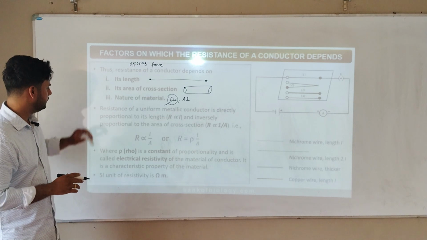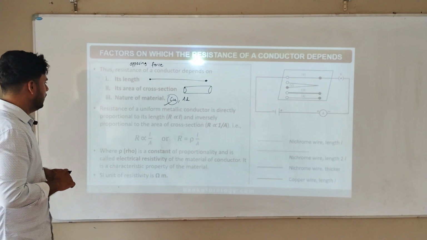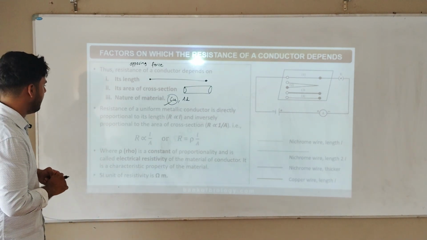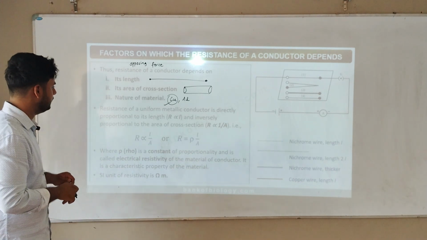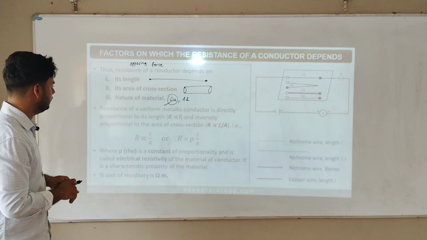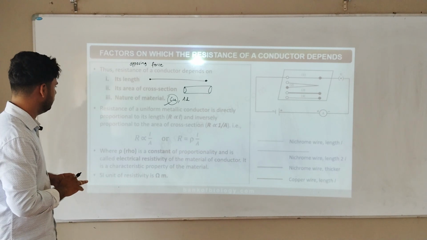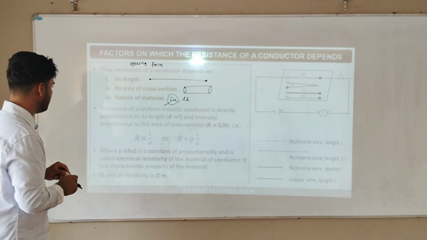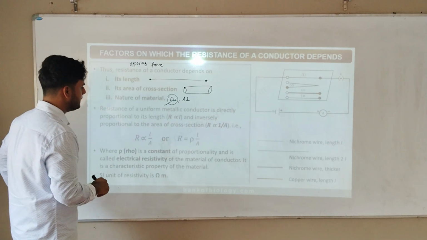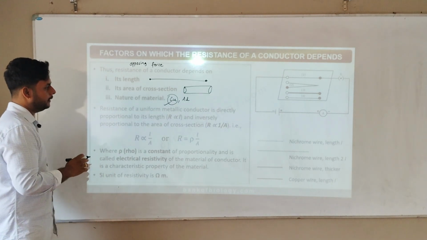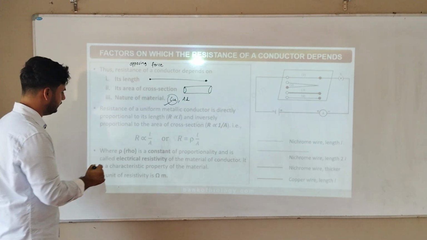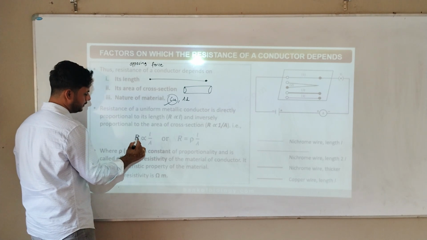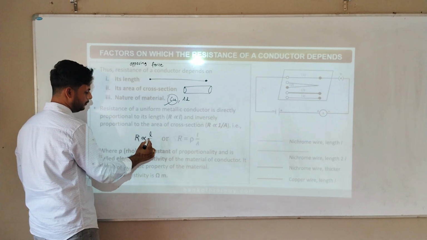Next. Resistance of a uniform metallic conductor is directly proportional to its length. R is proportional to l, and inversely proportional to the area of cross section. So we understood that resistance is directly proportional to length.